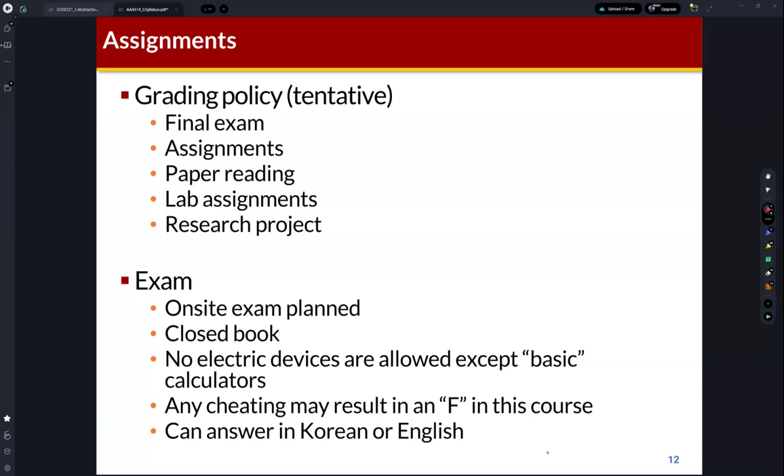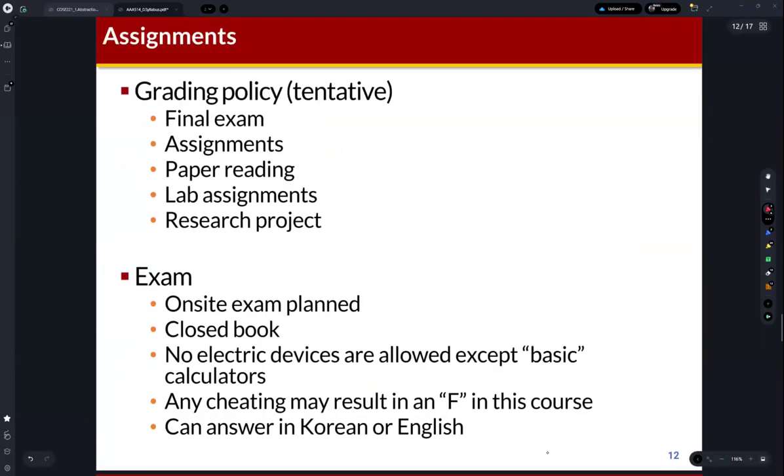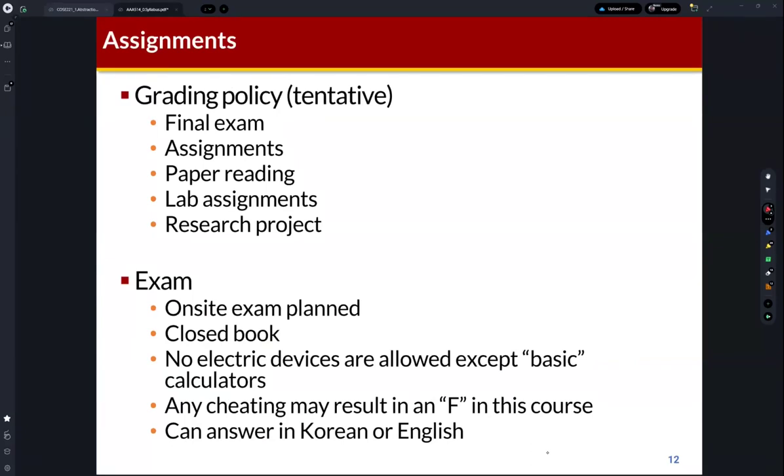It means that the final exam will cover everything we learned in this course, right? So we will take one final exam, and then several assignments, paper reading, lab assignments, and a research project.